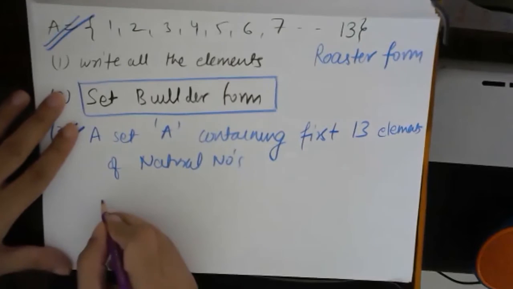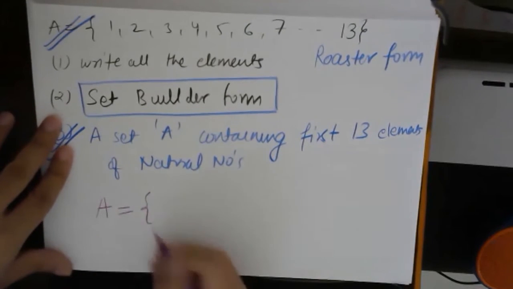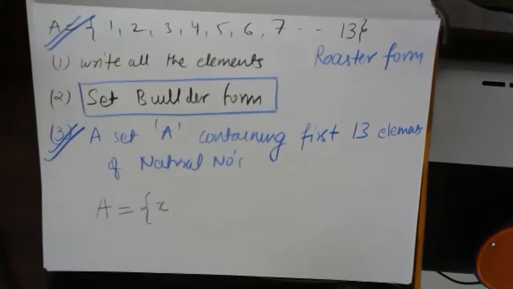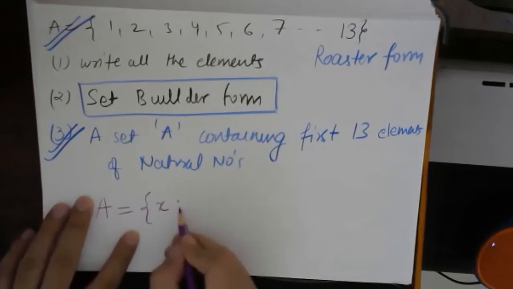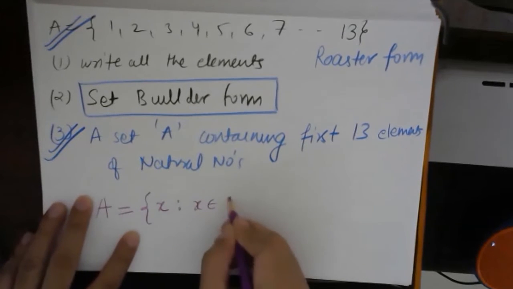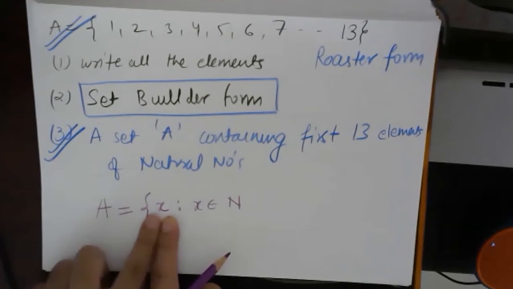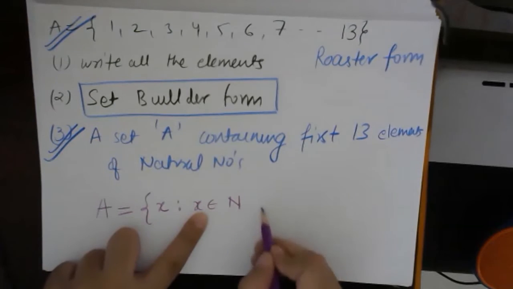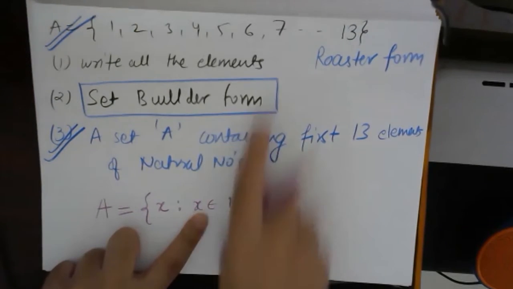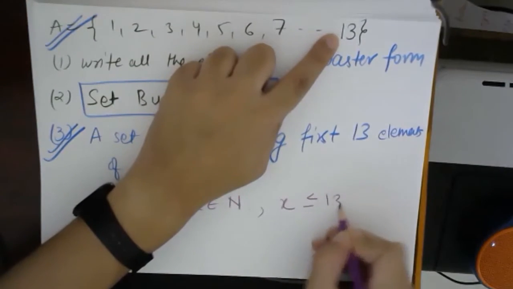So let's write a set A. Set A is equal to, set A has element x. Now just look at it very carefully. Set A has element x such that x belongs to natural number, and x should be less than or equal to 30.